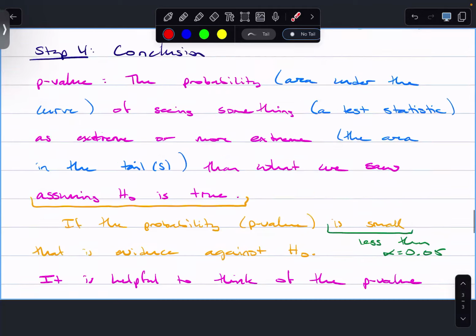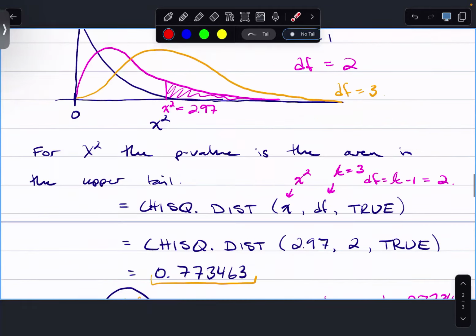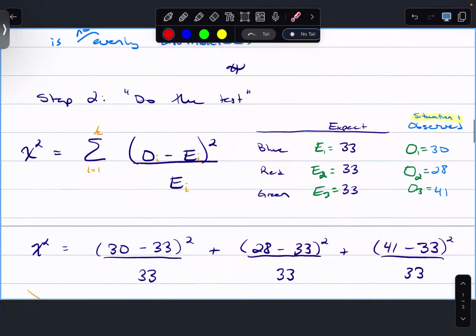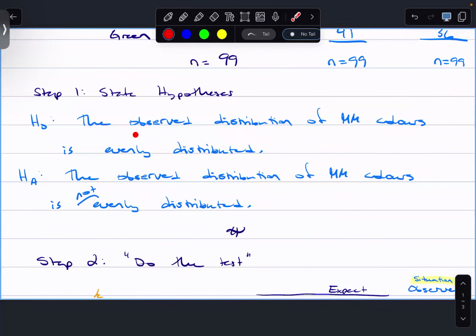And so for a good long while, we start and we assume that the observed distribution of M&M colors is evenly distributed until we have evidence otherwise, right? You're going to hang out here in H naught until you have a test statistic that puts you far enough into the tail.